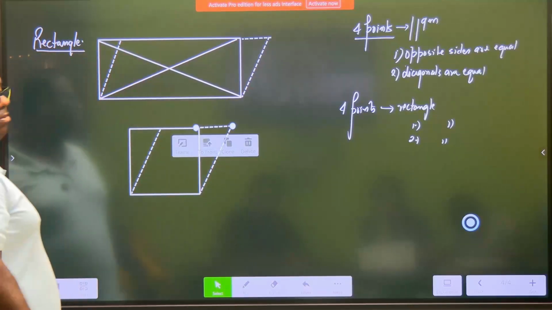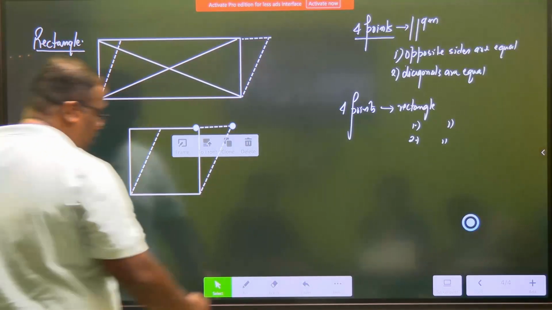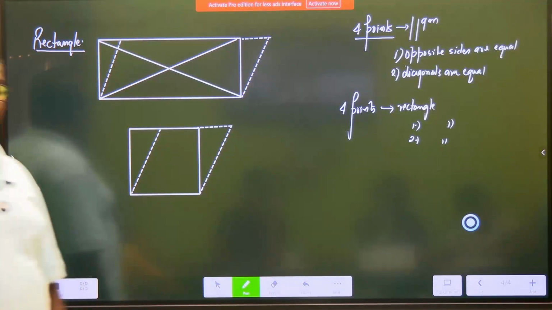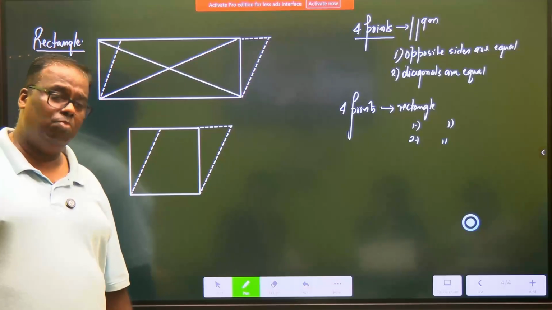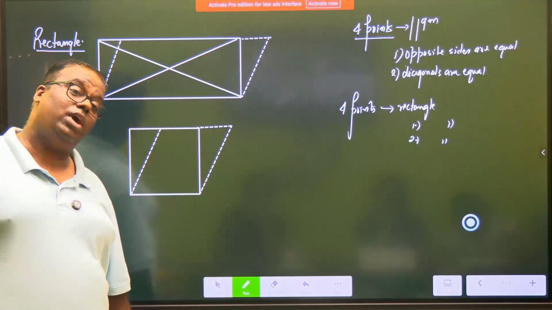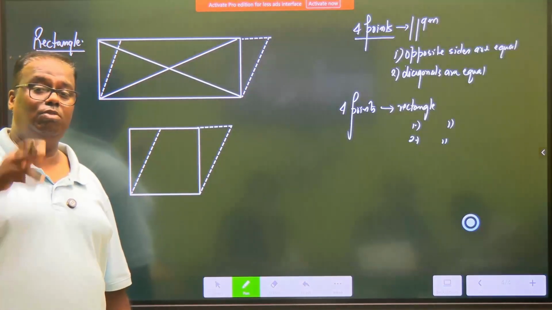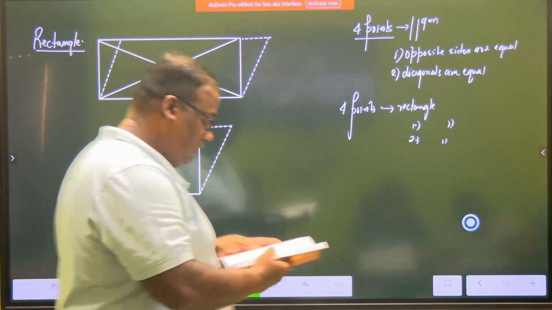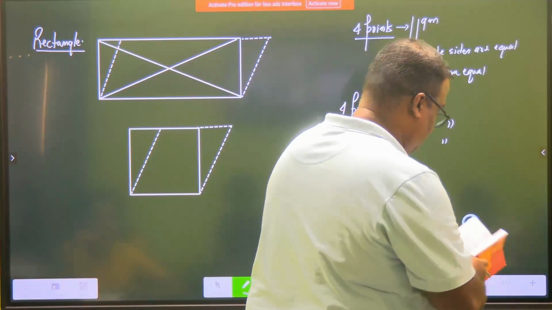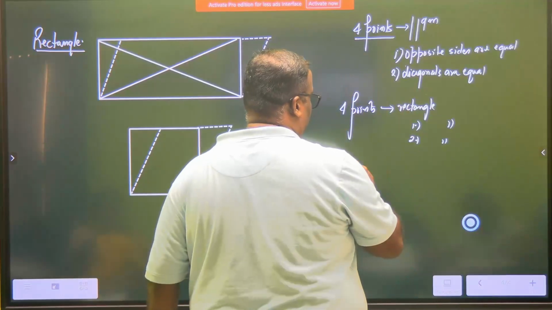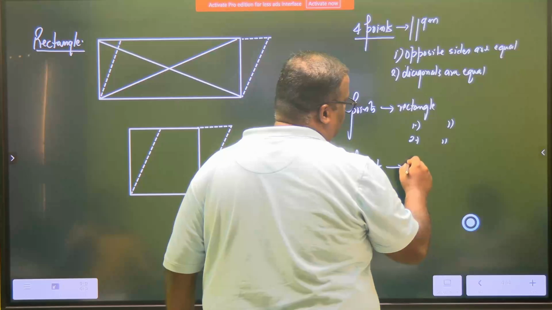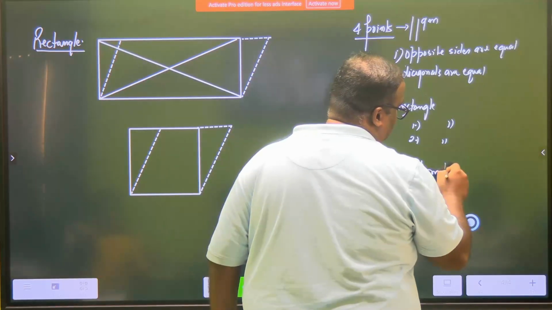So square became a rhombus. A rhombus is a kaju katli where all the 4 sides are equal, just that they are not oriented at 90 degrees. So my question, is a rhombus a square? No. But is a square a rhombus? Yes. So whatever will be applicable for rhombus should be applicable for square. Write for rhombus: 4 points can form a rhombus.